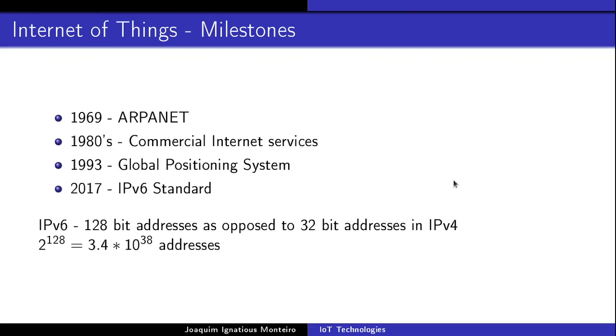We got exhausted of the available address space, because it was a 32-bit addressing scheme, and we never thought that we would have this many devices connected to the internet. Now we have switched over to a 128-bit address with a lot of complications and a lot of advantages, and we have both of them coexisting.